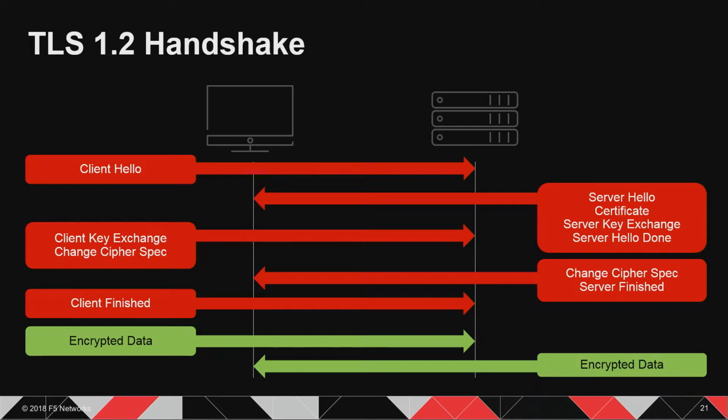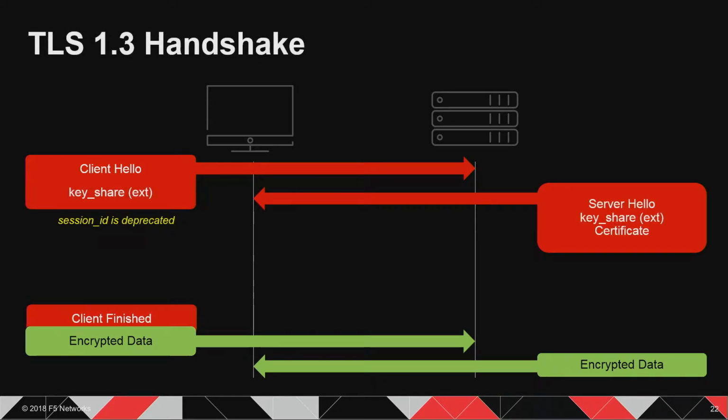The client comes back with its client key exchange, and then if they've agreed at that point on their key and the algorithms being used, they say change cipher spec, which basically says from now on, we'll be talking encrypted. The server responds with its change cipher spec saying, great, we'll talk encrypted, I'm done. And then from then on, you have your encrypted data. So you basically have 2 round trips. It's 2 RTTs, coming in, back, and then client finished and immediately starts sending data.